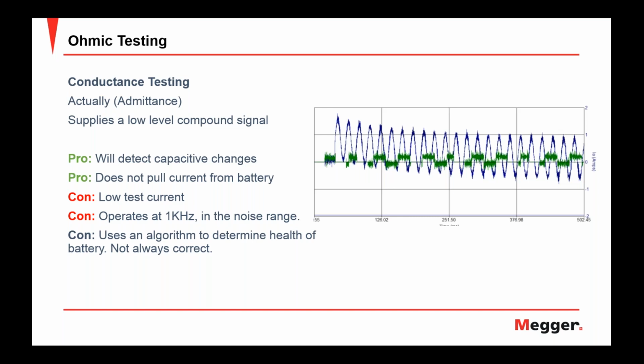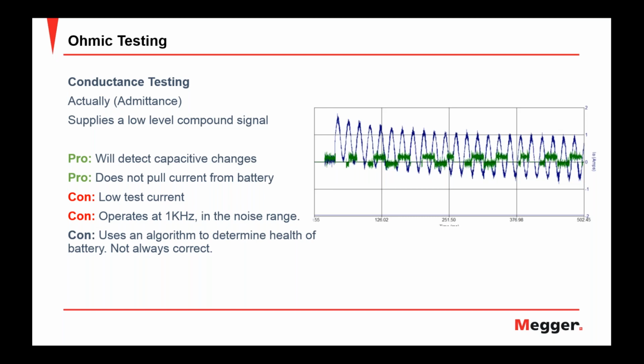The cons, well, one, these tests are done at very low current levels. And you can see right here, that little green modulated square wave, that's the test current that's used on it. And that's going to limit the resolution you can get out of it. So it's not very good on larger cells. It's typically designed for VRLA batteries.